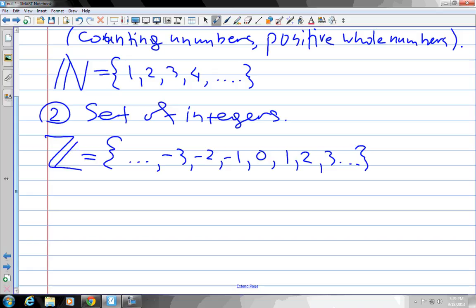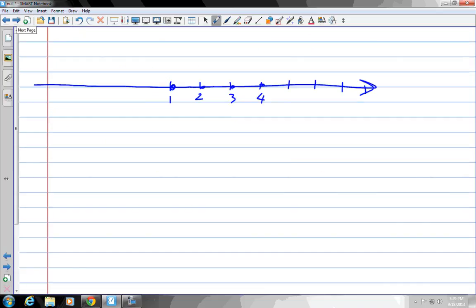Now, please notice how every natural number is also an integer. Right? Every natural number belongs to the set of integers. So you're just throwing in negatives and 0. So now if I go back to my number line, that gives me 0, -1, -2, -3, and so forth.